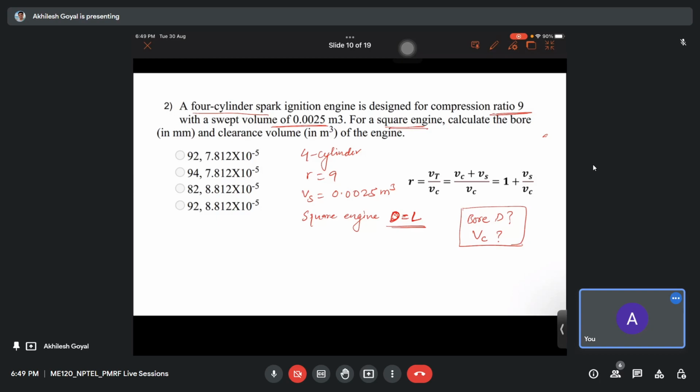Now from the formula we know that compression ratio R is given as 1 plus Vs by Vc, and here R is 9, so 9 is equal to 1 plus Vs by Vc. From here, 8 is equal to Vs, which is given as 0.0025 meter cube, divided by Vc, which we have to find out.